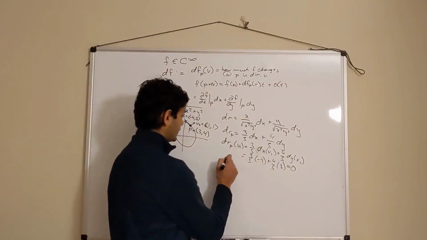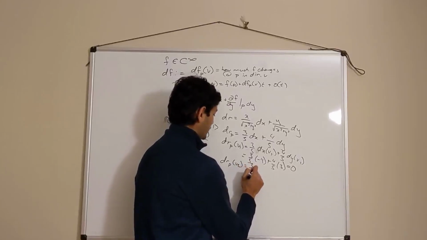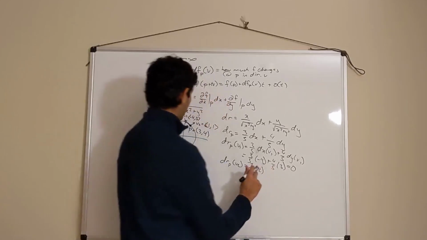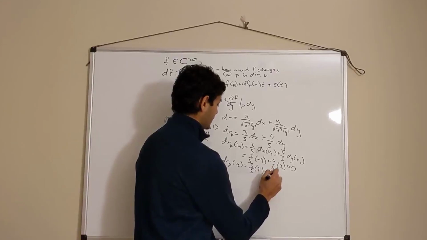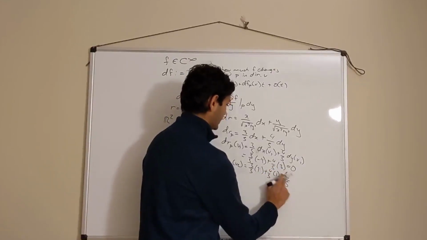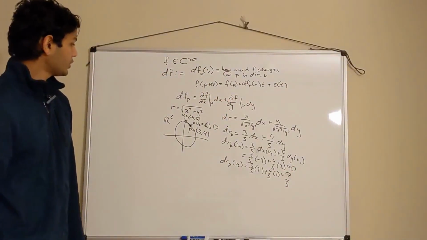Okay, let's evaluate dr_P of v2. This is equal to 3/5 times 1 plus 4/5 times 1, which is just equal to 7 over 5. Okay, so what's the interpretation of this?